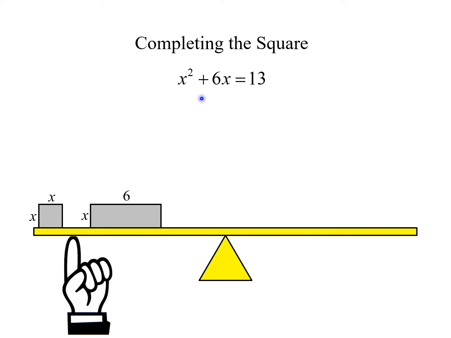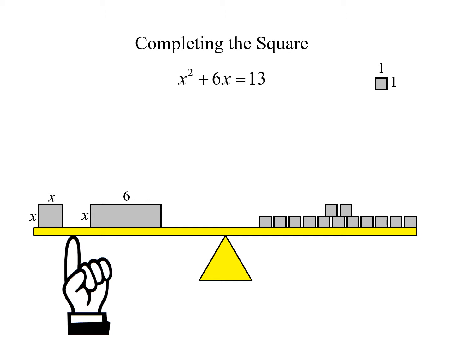On the right-hand side, I want to put 13, but how do I do that? I'll consider these tiny squares that have side 1. The area of each is 1 times 1, so I need 13 of those on the right-hand side. Here they are, and now I can take my finger off the scale. It should be equally balanced.